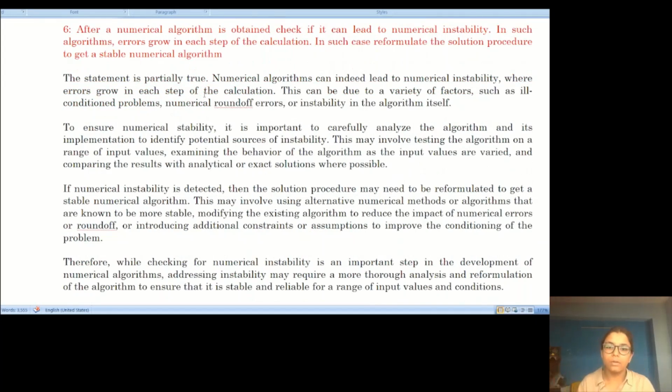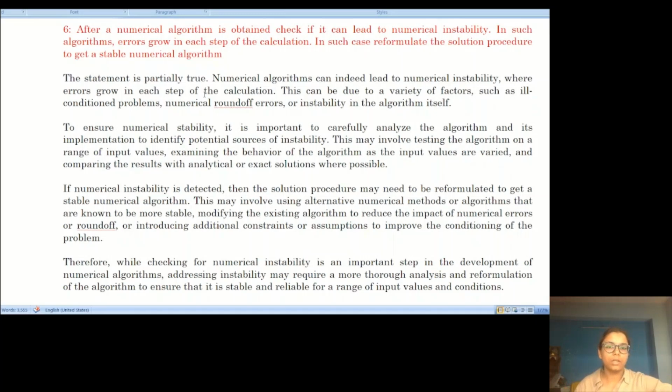If there is numerical instability, we would just reformulate the whole numerical algorithm, which has different methods. While doing this, you can see the impact of the rounding errors, and you can see the numerical instability being detected.